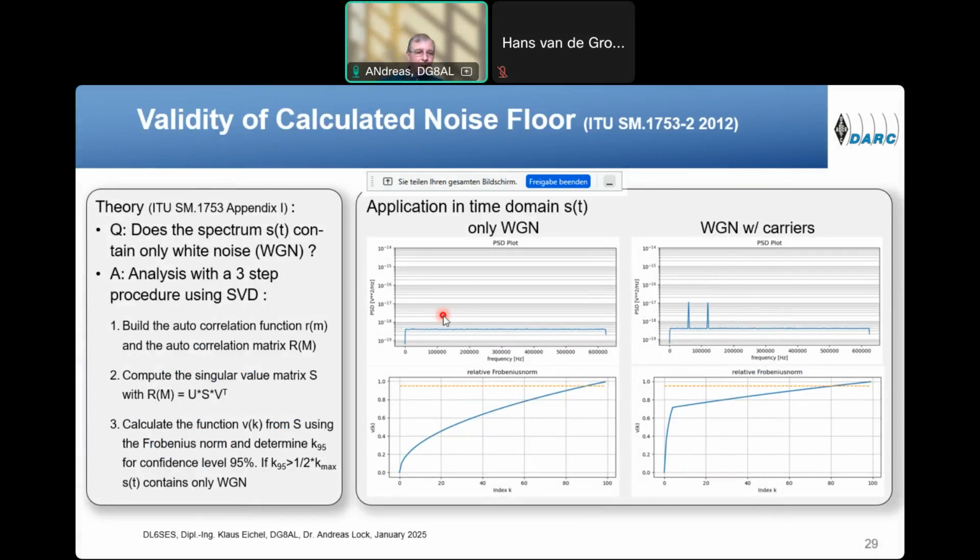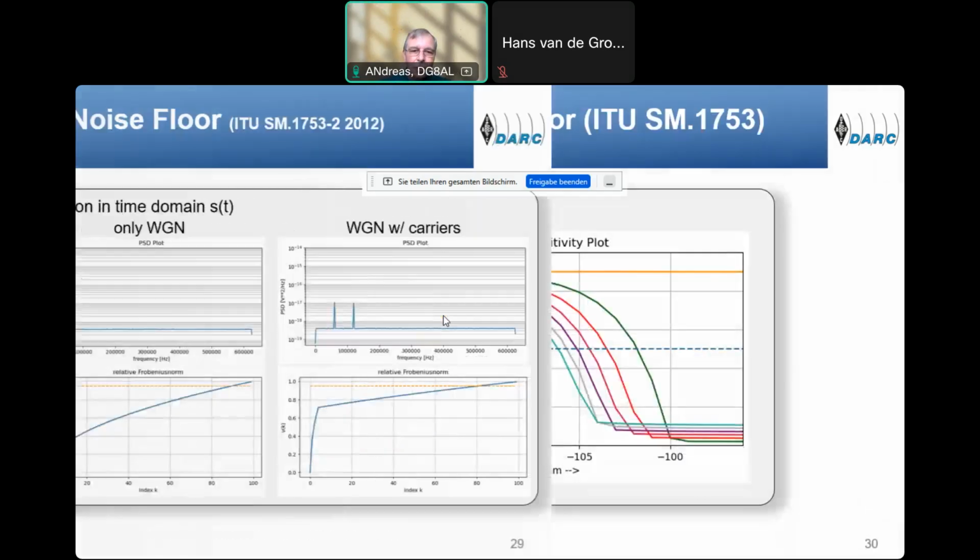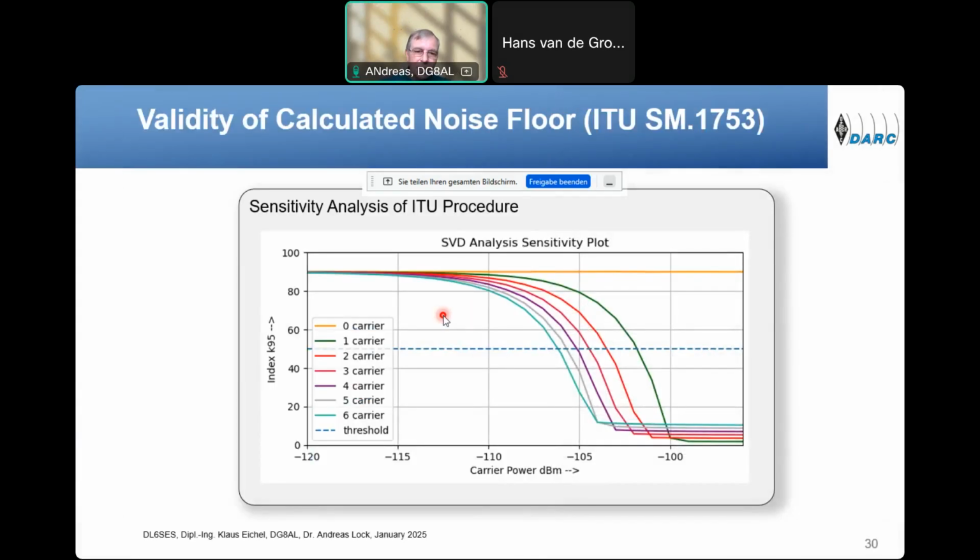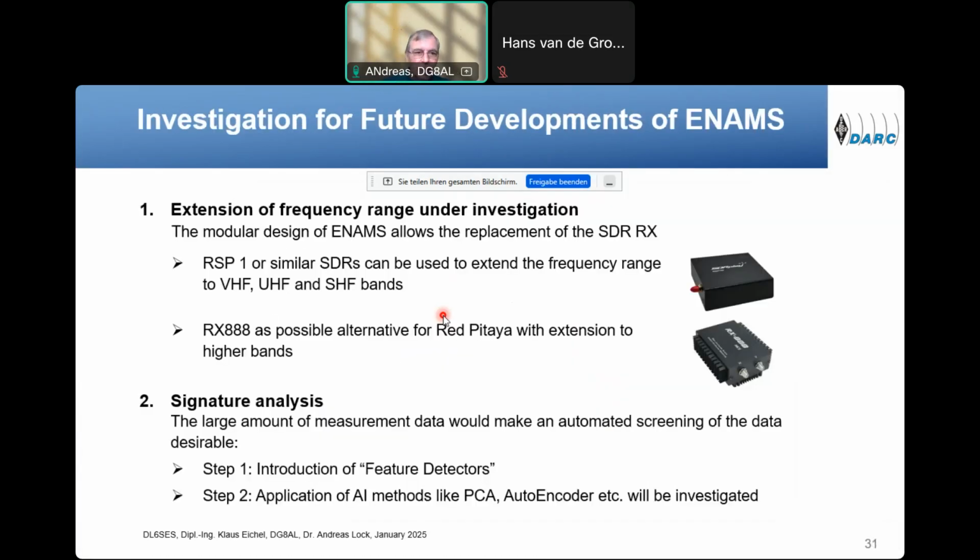You have to calculate some values, so-called eigenvalues of a matrix, which needs a lot of computational effort, and shows if a channel is carrier free or not. More interesting is the future of ENAMS.